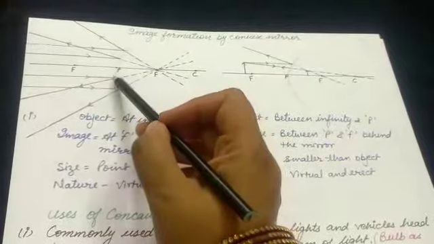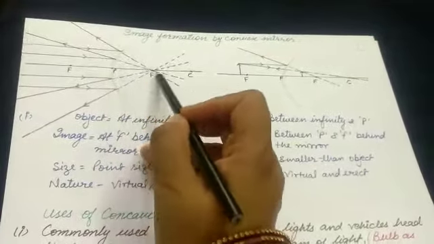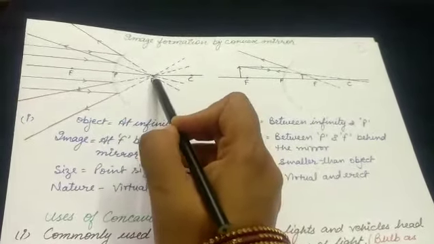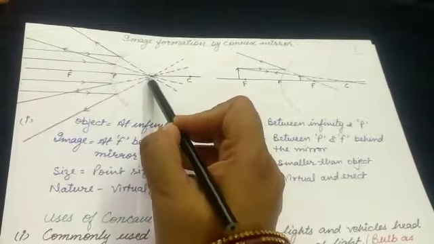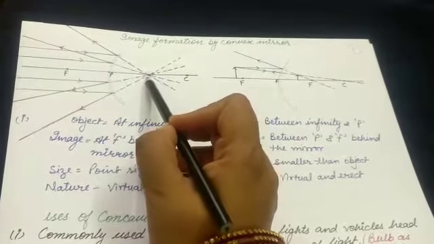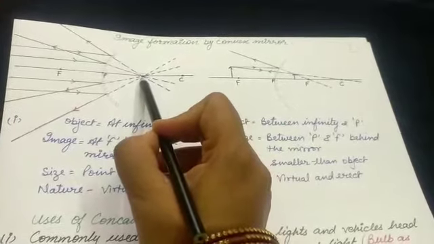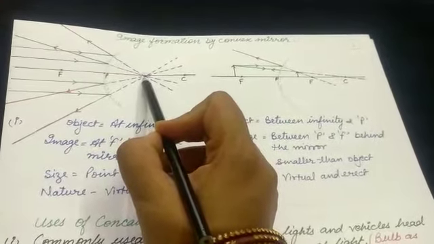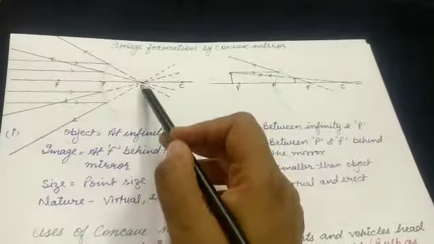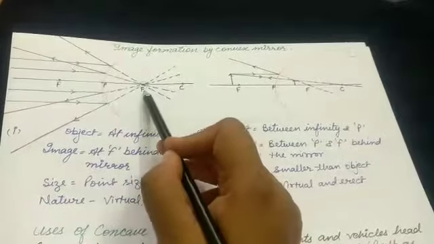But when we imagine them to grow back, they appear to meet at the focus. They are arising, or we can say that they are meeting or arising from the focus point. So by imagining this, here the image of the object will be formed.